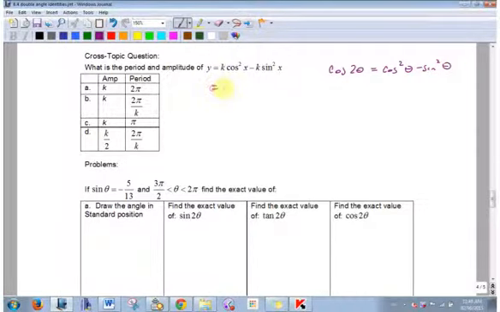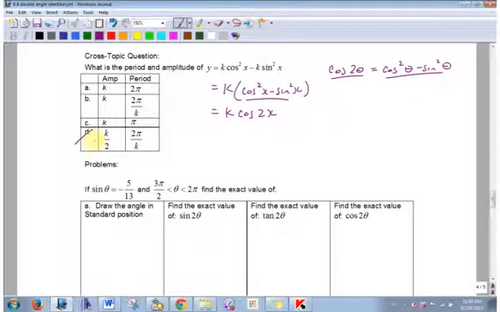So the first thing I want to do is get that k out of there. Okay, and then theta obviously is x. That's the same as this, so I can write that as k times cosine of 2 theta. What's the amplitude? K.